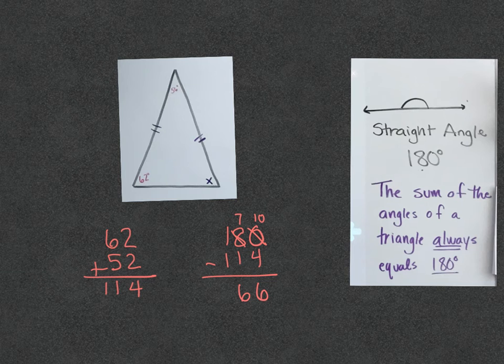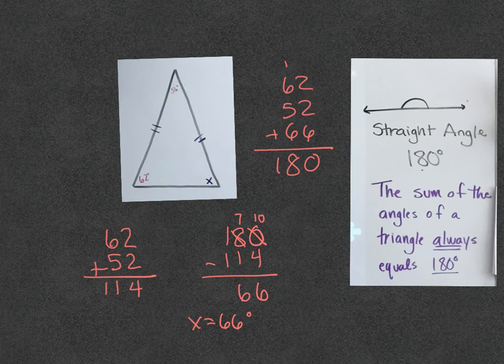So if we do 62 plus 52 plus 66, we get 180. So x equals 66 degrees. Okay? And actually, this should not be an isosceles triangle. That should not be there, because if this was an isosceles triangle, these angles would also be equal. So technically, this is not an isosceles triangle because these two angles are different.